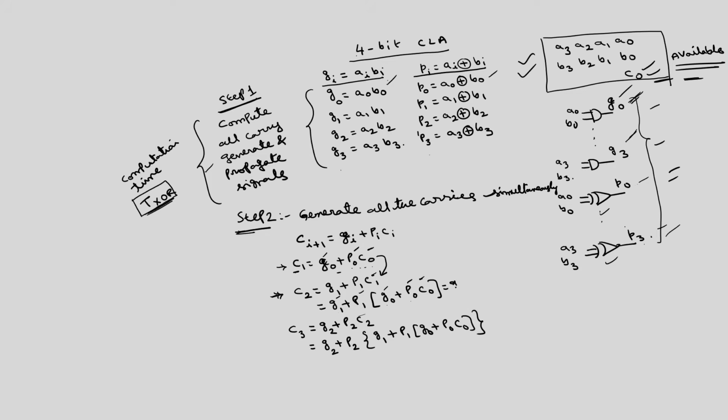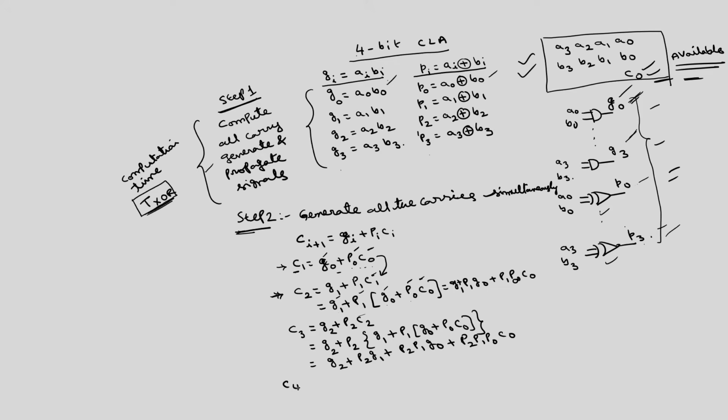So, this is equal to G1 plus P1 G naught plus P1 P naught C naught, and this will be G2 plus P2 G1 plus P2 P1 G naught plus P2 P1 P naught C naught.